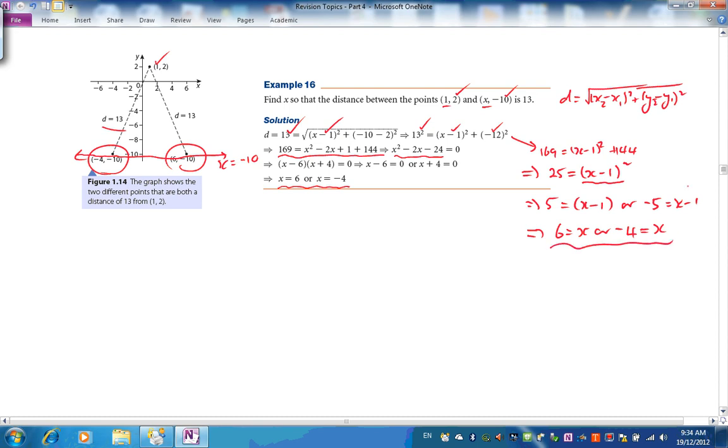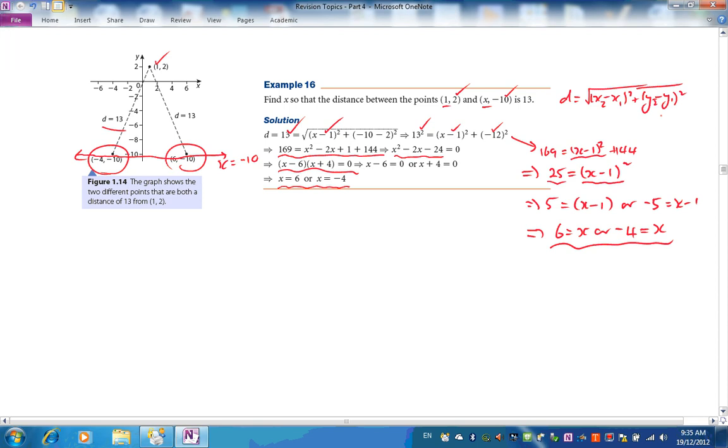Now the advantage of this method is that it always works. If the 25 isn't a perfect square, if you can't actually factorise this in here because it's an irrational value, then you get into trouble. But with this method, where you actually isolate the square and then take the square root, it always will give you the answer.